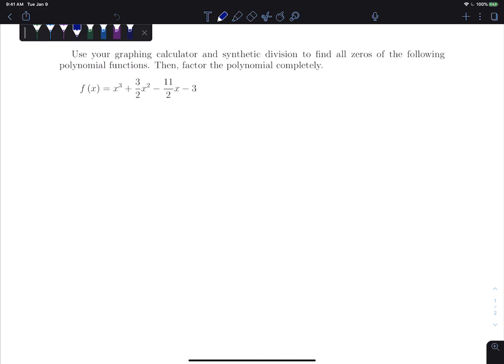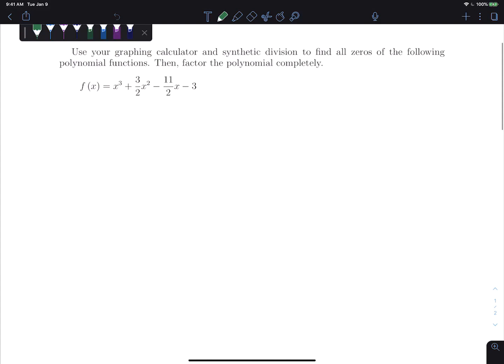Okay, now that we know what the zeros are, let's go ahead and prove it using synthetic division. Starting with that -3, we have a 1, 3 halves, -11 halves, and -3.